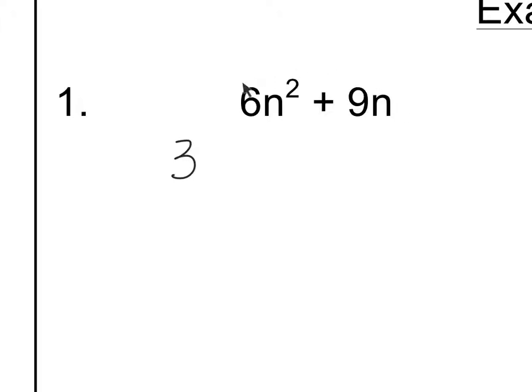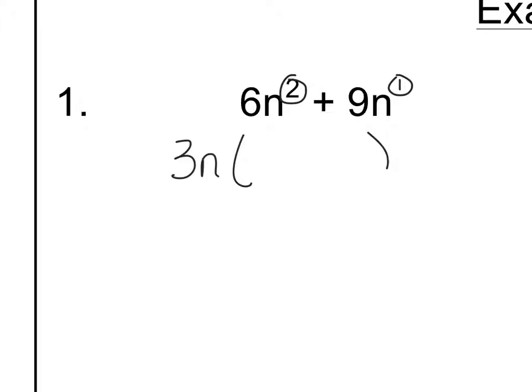This is a binomial, remember, because it has 2 terms. So, since both terms have the same thing, I'm going to take an n out, and it's going to be to the first power, or the lowest power of the exponents. Notice this one has a 2, and there's no exponent here. Well, that's actually a 1. I always take the lowest exponent.